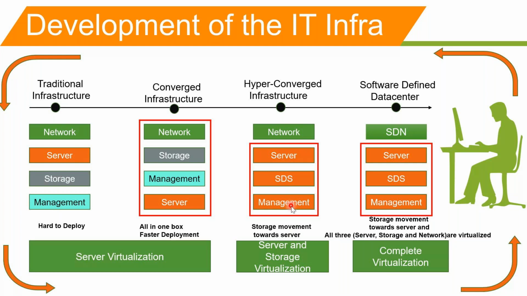Server and storage virtualization: on the server side we have Hyper-V, ESXi and the Nutanix hypervisor. On the storage side, with the help of intelligent software, we are creating software-defined storage, and it keeps data local and shares the storage. So on the storage side and server side, virtualization plays a major role, but the network is still outside.